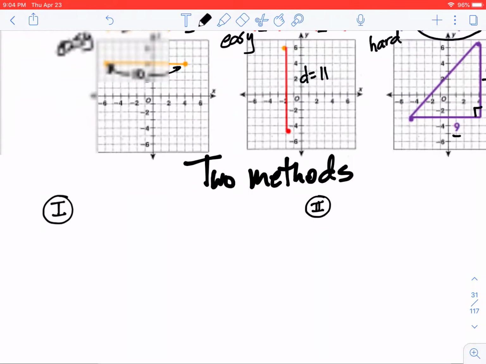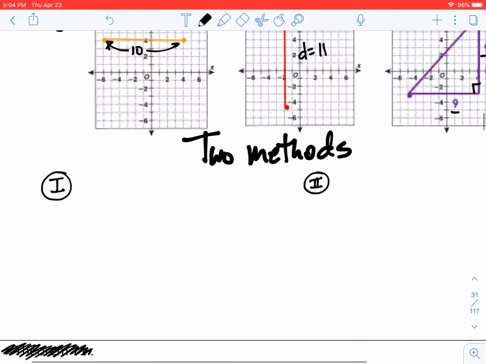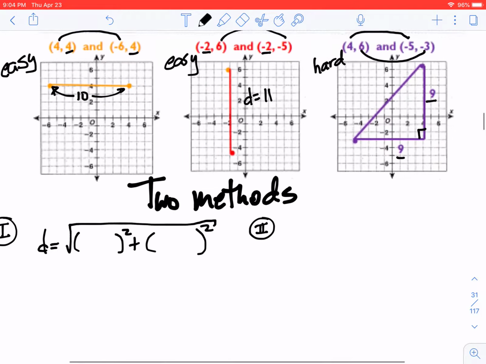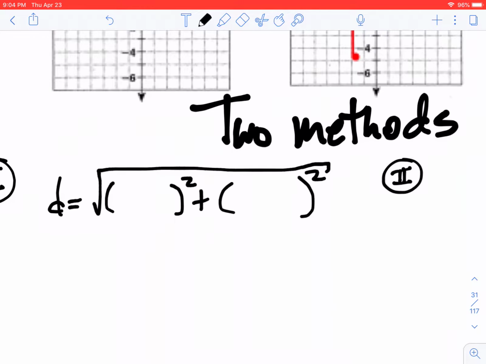So there's 2 methods. I'm going to go through the distance formula first of all, which I tend not to use, but occasionally it's something that we do have to pull out of the drawer. All right, so you take your 2 x coordinates, which in this case are 4 and -5, and we subtract them. Doesn't matter what order we subtract them here because of that nice little square there.